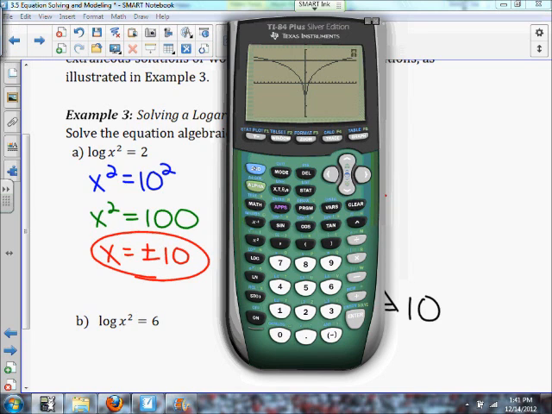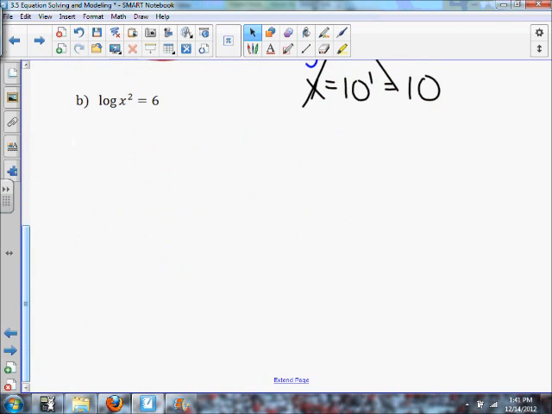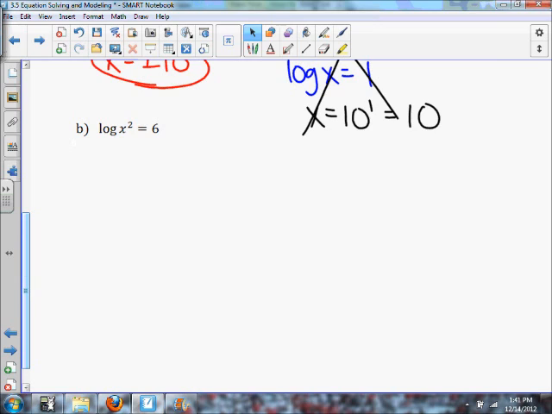As you can see, we will have 2 intersection points: negative 10, 2, and on the other side also 10, 2. So that's how you can see that the x values will be negative 10 and positive 10. So again, be careful. Don't try and use the properties of exponents and logarithms all too much.